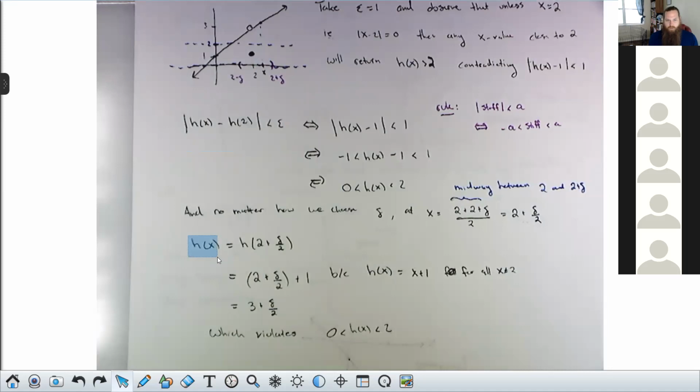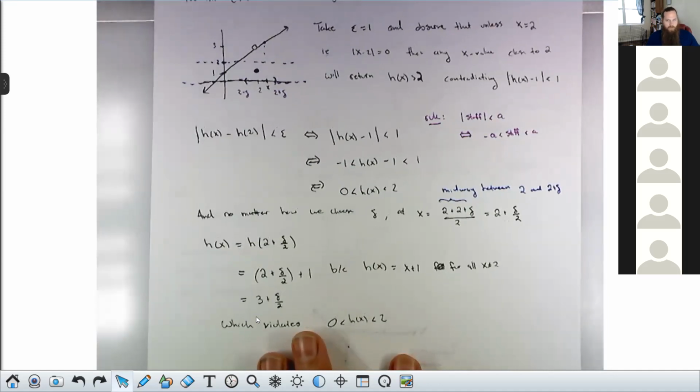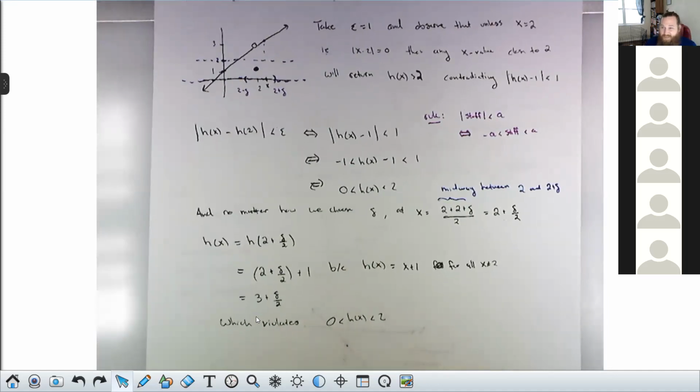Then h of x there is bigger than 3. This is a number which is larger than 3, definitely bigger than 2. So h of x is not between 0 and 2 at this particular x value, which contradicts the definition and proves discontinuity. So this would be a fairly clean proof that this function is not continuous at x equals 2.